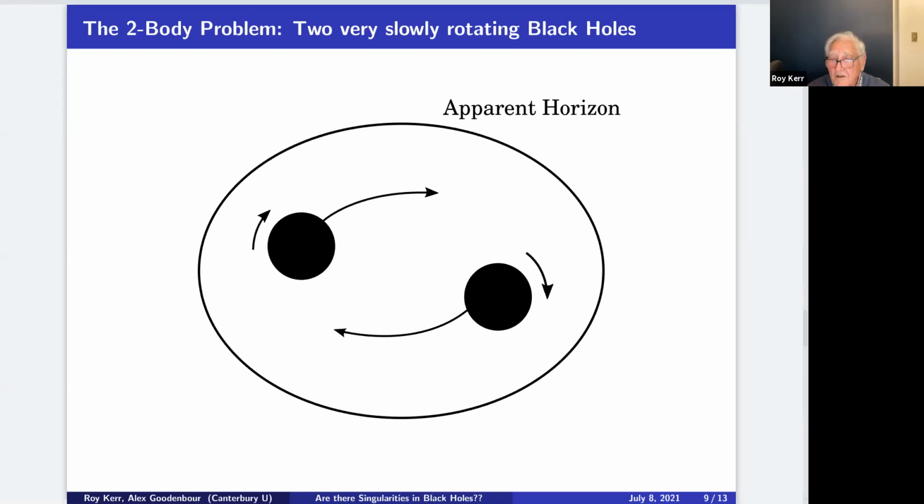Between this inner horizon and the surface of the neutron star, there's a region which is highly unstable, of course. There's no question about that. And there are going to be a number of talks given about this. But if I were alive on the surface of this neutron star, I'd have to be about a millionth of a millimeter in size to withstand the forces.